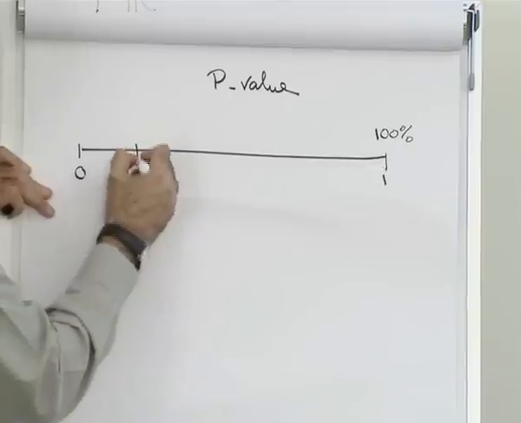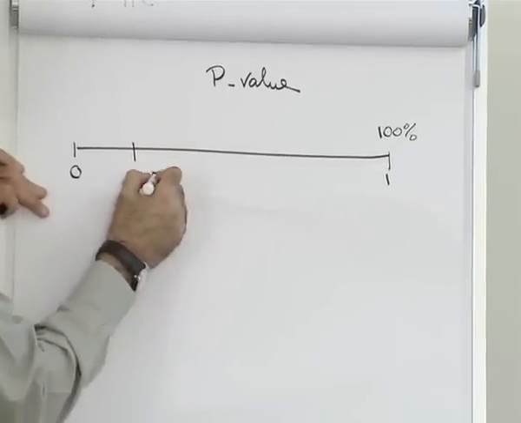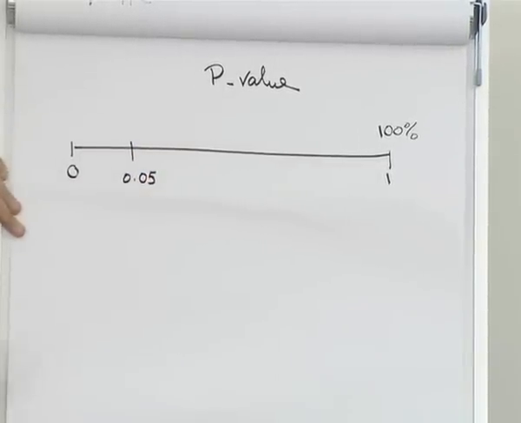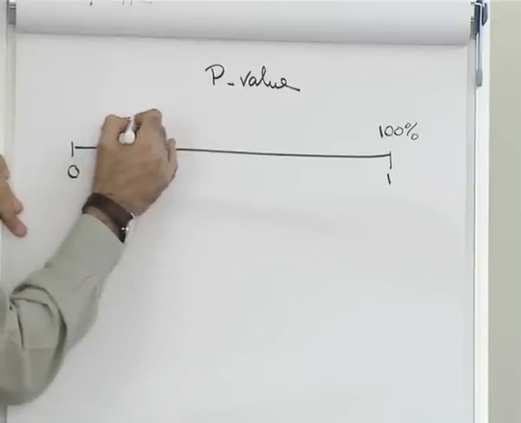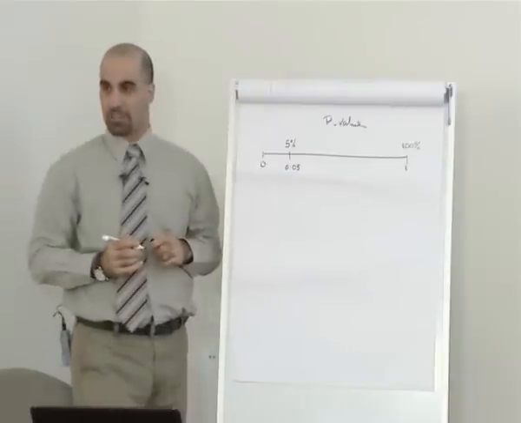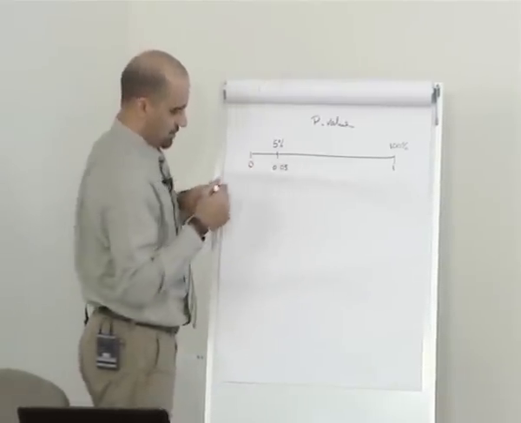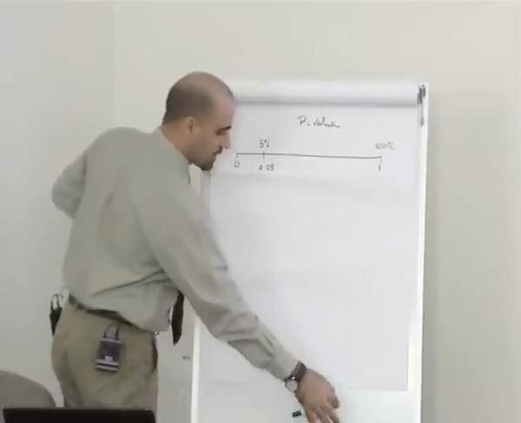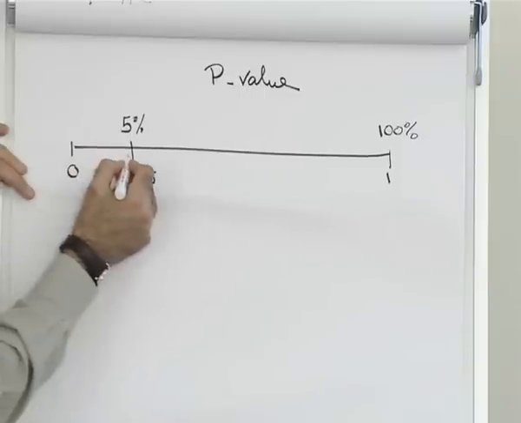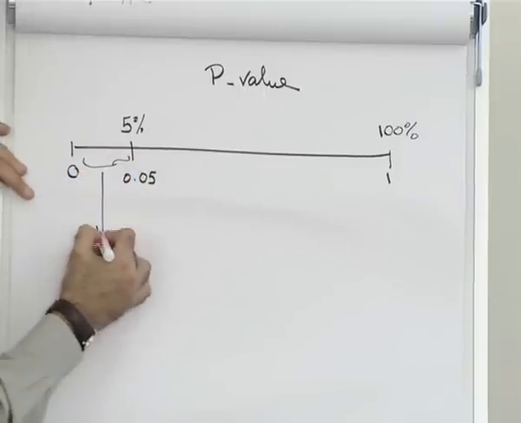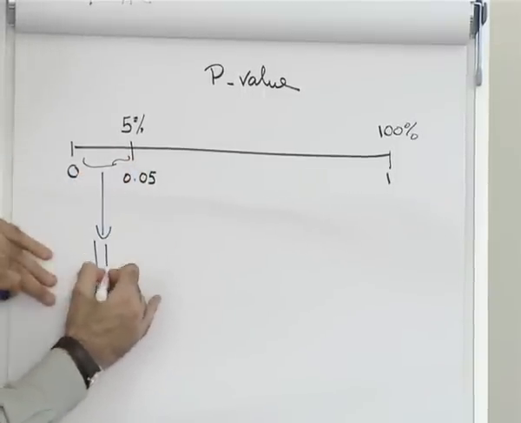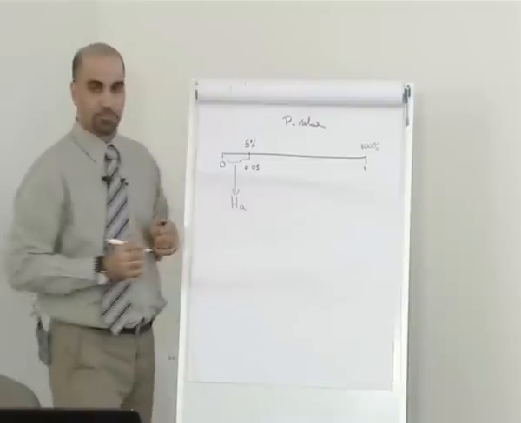I tell you the cutoff point is at 0.05, which is correspondent to 5%. Okay? Anything that is over here, less than 5%, it supports the alternative. Okay?